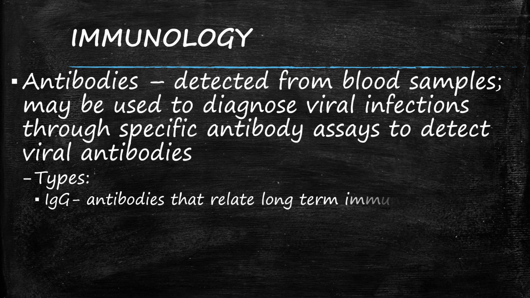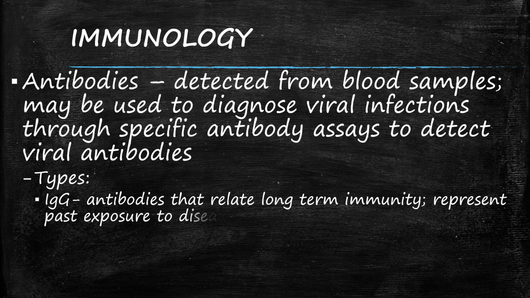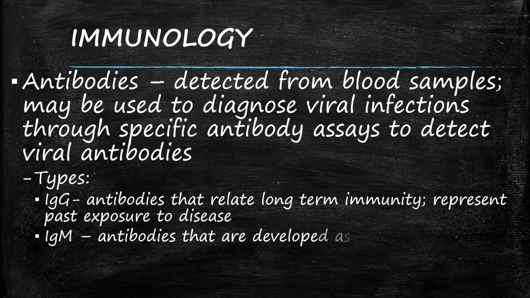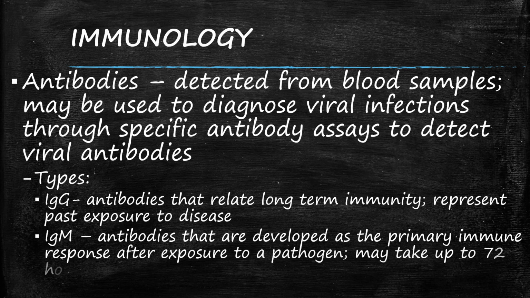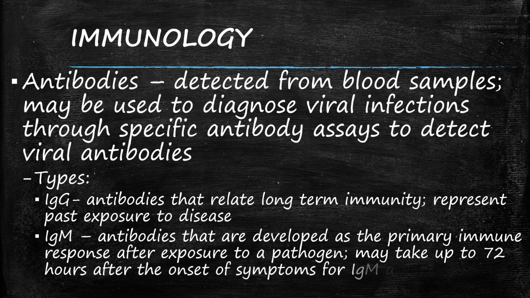There are many different types of antibodies, but specifically we'll be talking about the IgG and the IgM. The IgG antibodies relate to long-term immunity. So usually if you have an IgG positive, it represents past exposure to the disease. Whereas IgM antibodies are developed as the primary immune response, therefore they indicate current exposure to a pathogen and probably that you have the active infection currently.